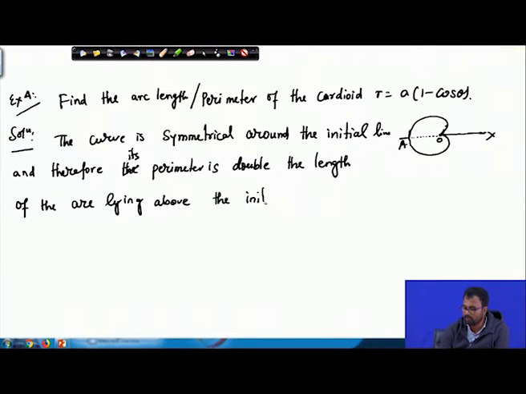So, we just calculate the arc length above the initial line and multiply it by 2, and that will give us the perimeter or the entire arc length of the cardioid.